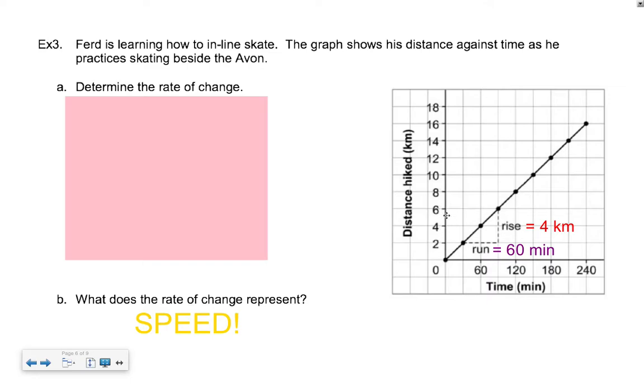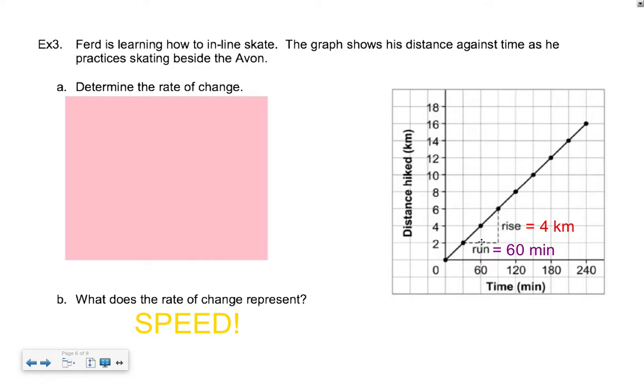So it goes up by 4, therefore the rise is 4 kilometers. And with the run, it's harder to tell this, but you can see how it goes 0, that must be 30, and 60, and that must be 90. And every box you can tell is 30. So it goes over 2 boxes. So the run is 2 boxes, which is 60 minutes.